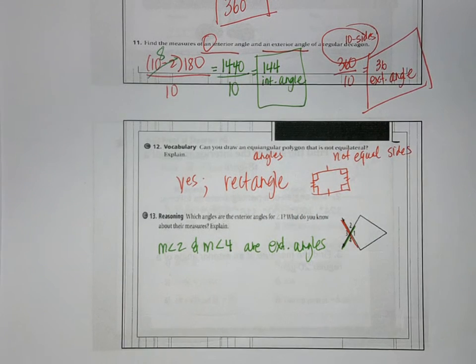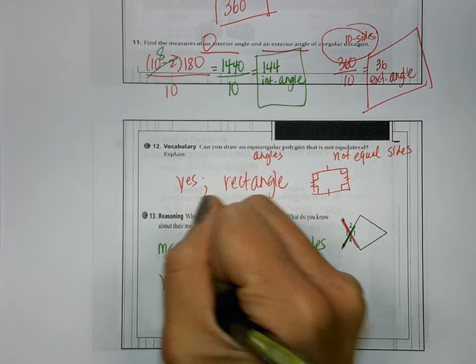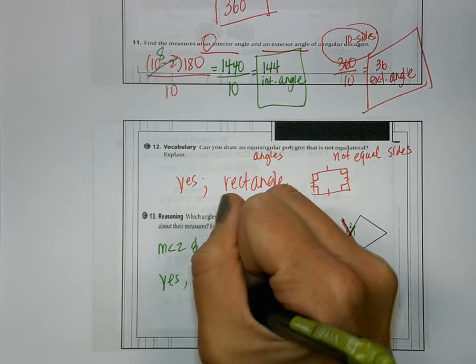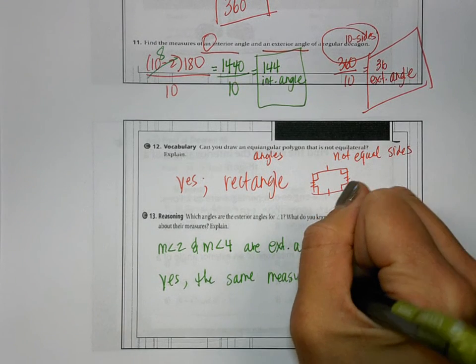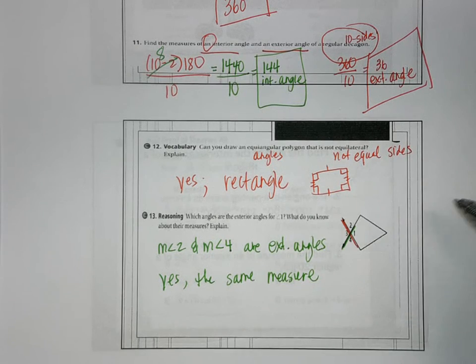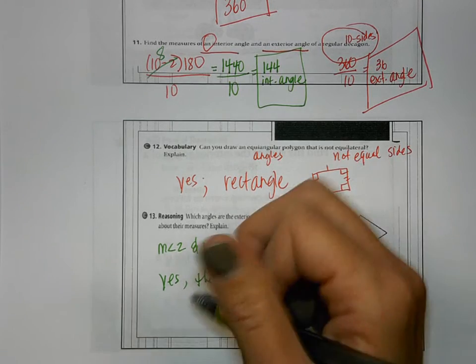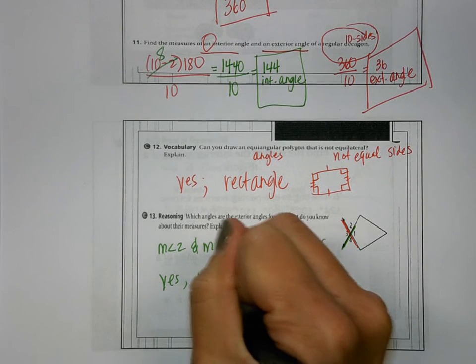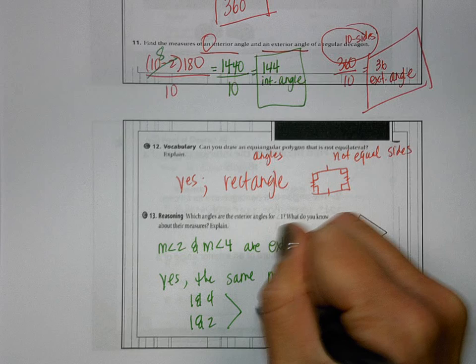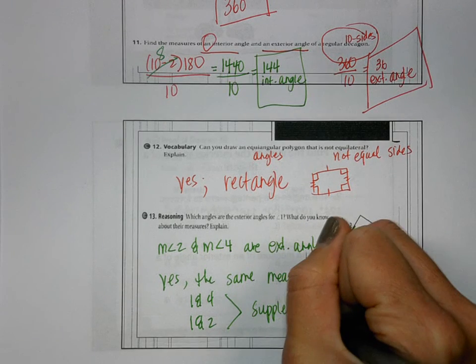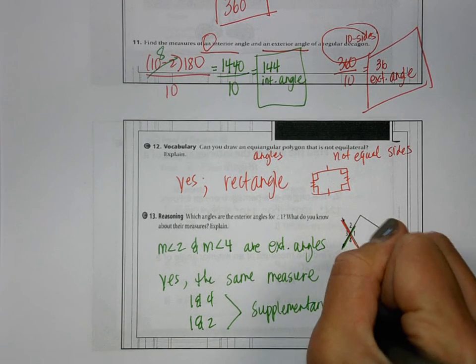Okay, and yes, they would have the same measure. And the reason is, just so you know, that these make straight lines. They make supplementary angles. So 1 and 4, and also 1 and 2 are both supplementary. Any questions?